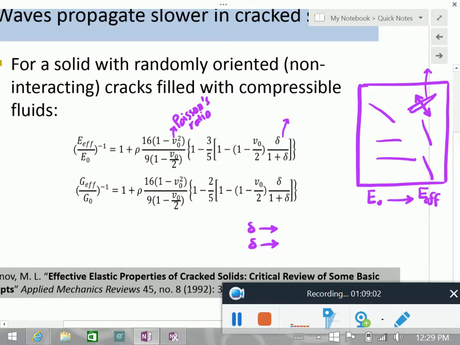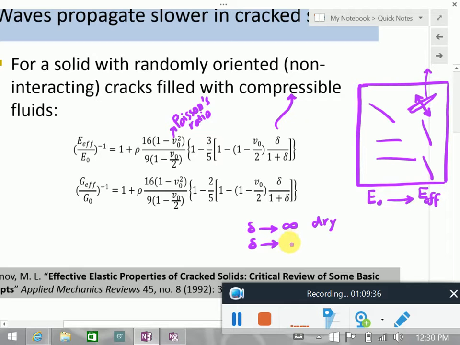So this is related to this compressible fluid. If delta is very, very large, this relationship explains the change in material elastic constants if the cracks are dry. If it becomes very large, delta over 1 plus delta is approaching 1, right? So it's easy to recover the equation.